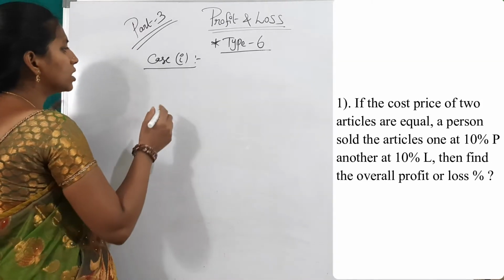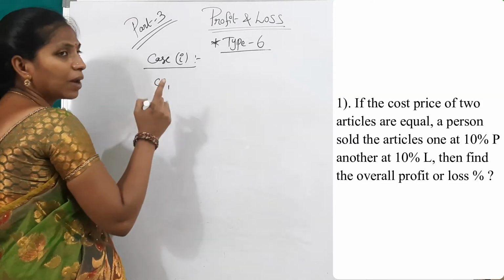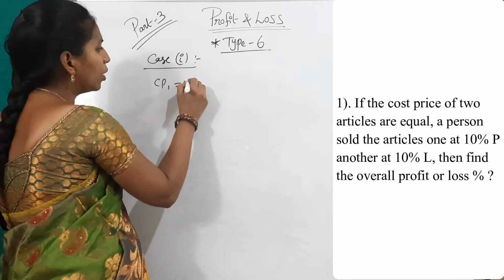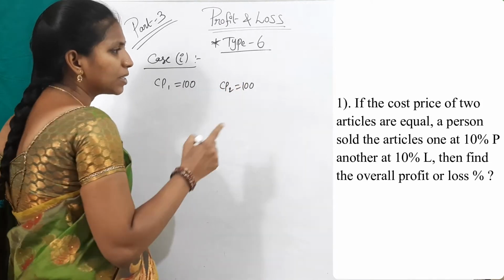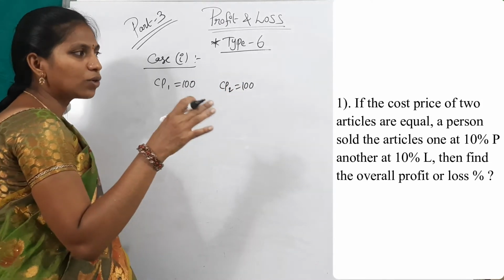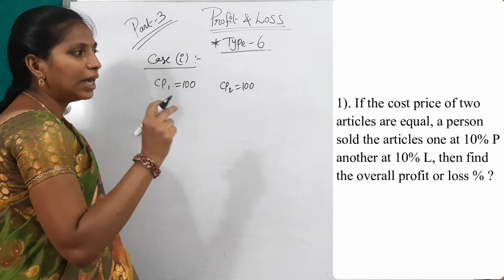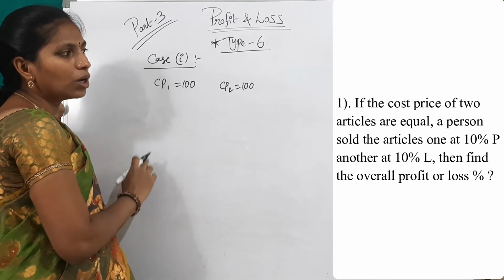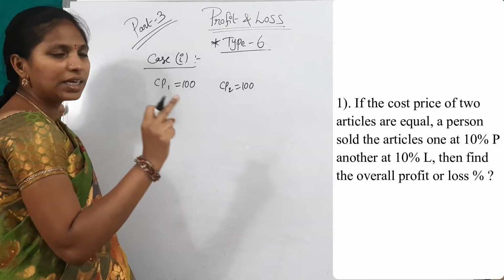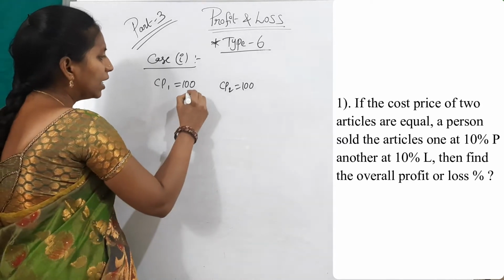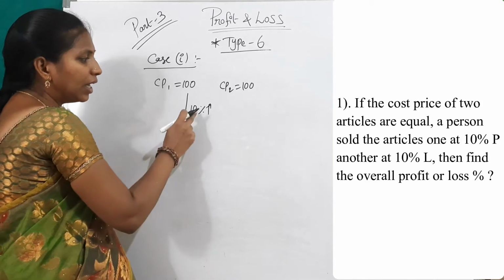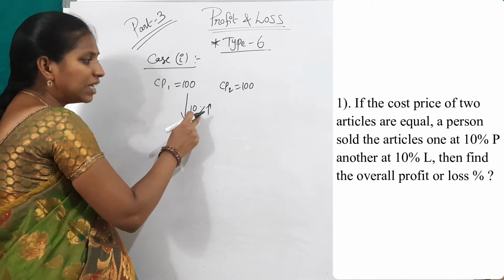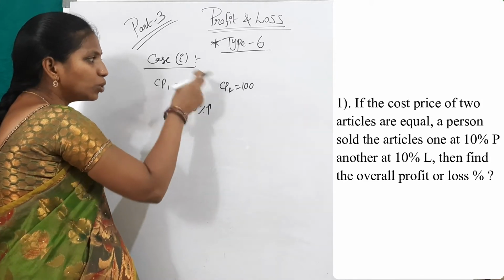Suppose CP1, the cost price of the first article, is 100 rupees and the second article is also 100 rupees, because the cost prices of the 2 articles are equal. A person sold article 1 at 10% profit. Profit means here add 10% of this value to this value.